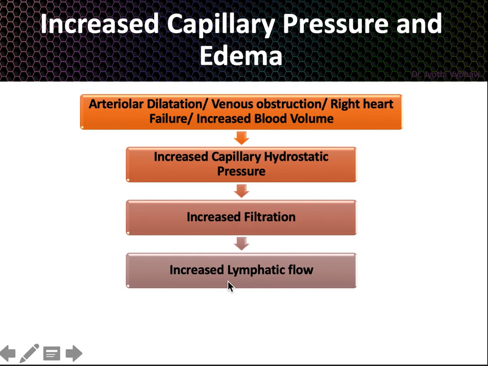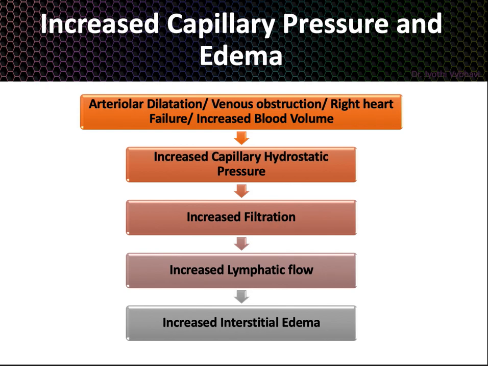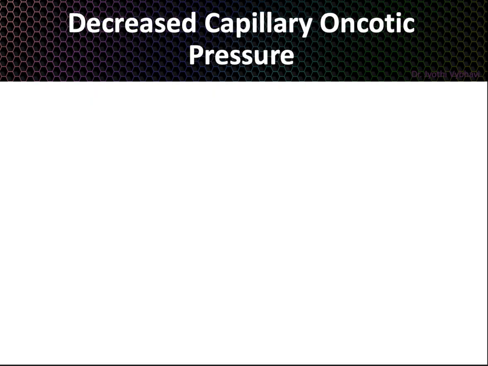But when the lymphatic system also gets overwhelmed with the amount of fluid in the interstitium, then edema occurs. This is a very important safety factor which lymphatics play. So whenever the lymphatics are unable to pump out all the fluid, even working 50 times harder, only then does edema occur.